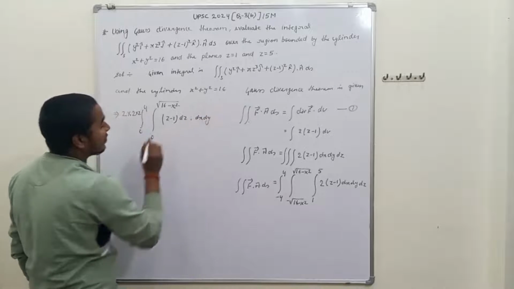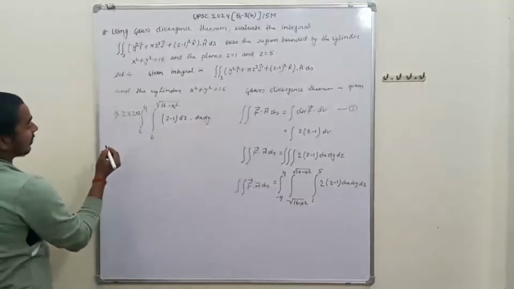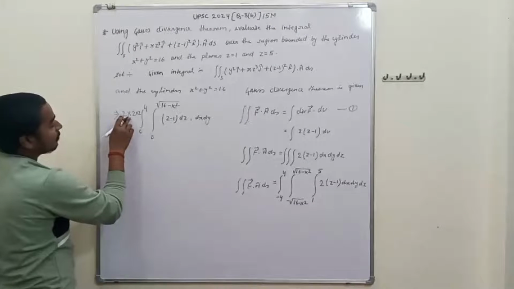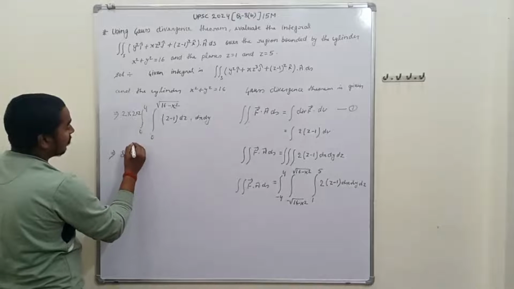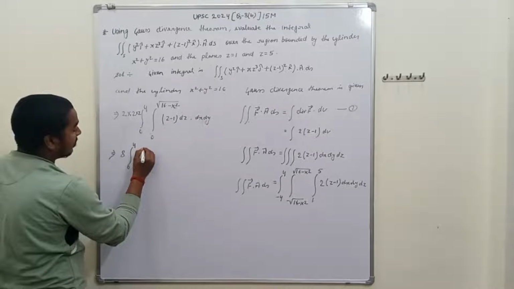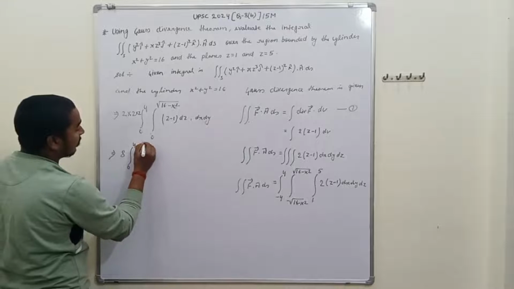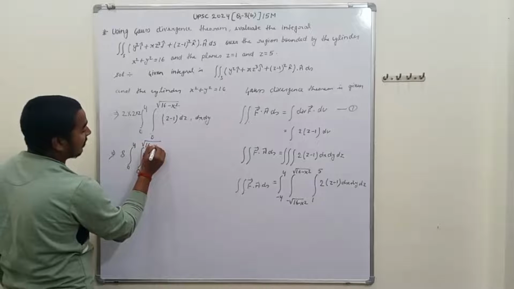We first integrate with respect to z, that is 2 times 4, 4 times 8, integration of 0 to 4, and integration of 0 to under root of 16 minus x square.